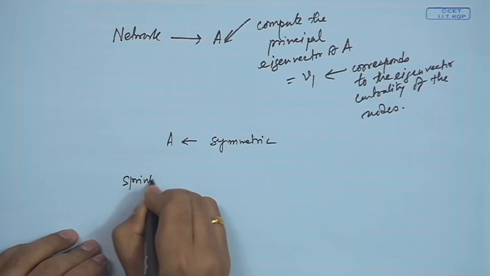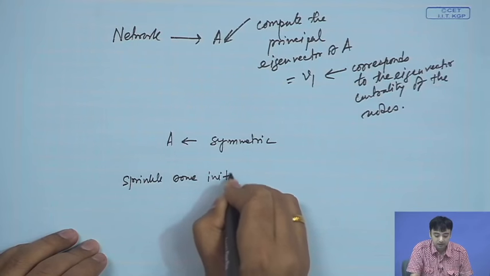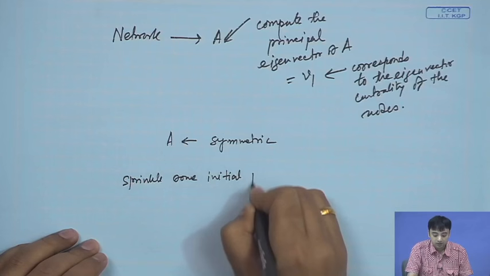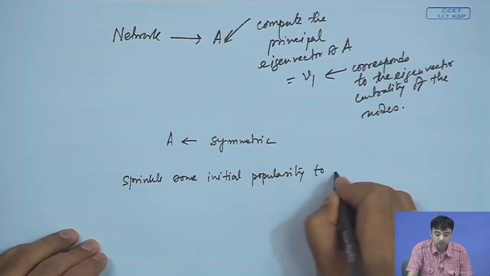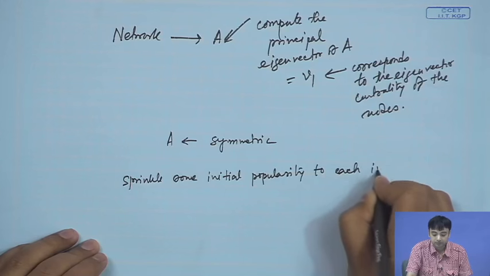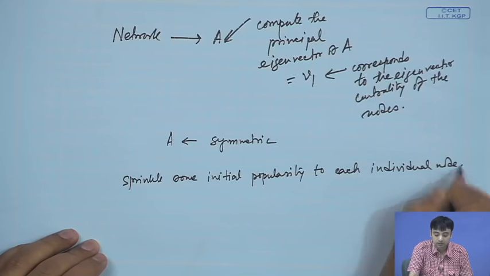So, what could be a solution? What we try to do is we try to sprinkle some initial popularity to each individual node. Fine.